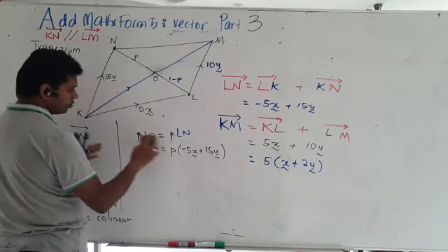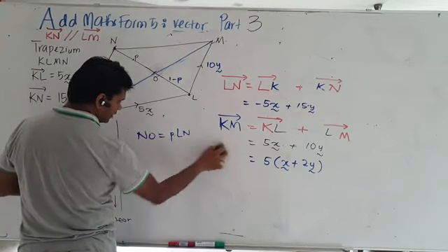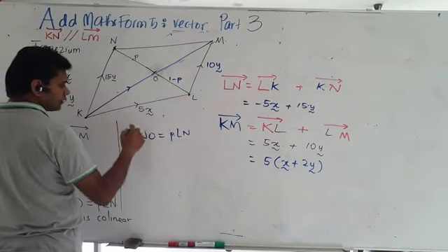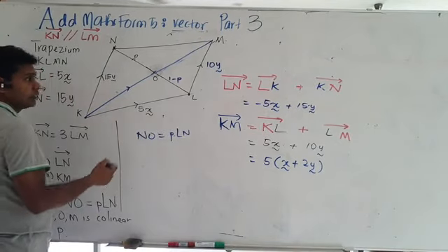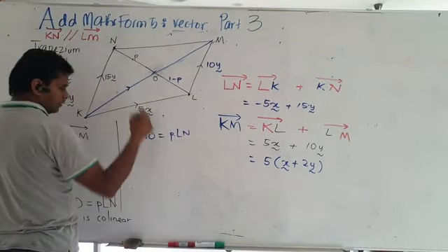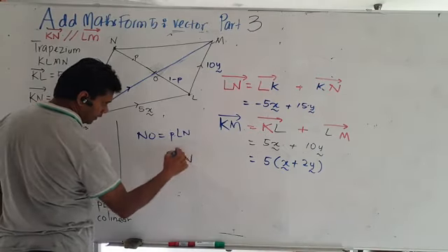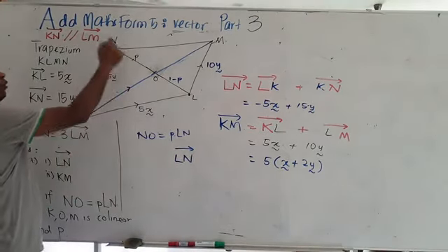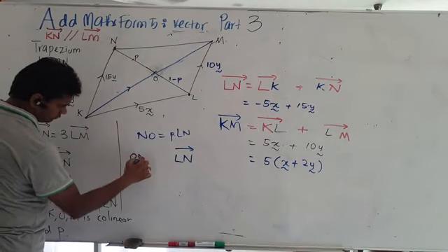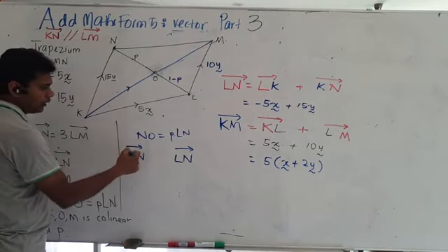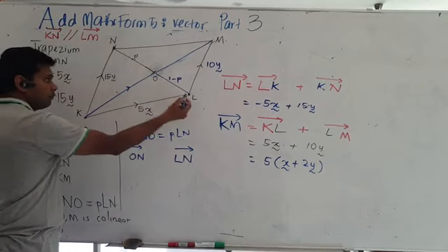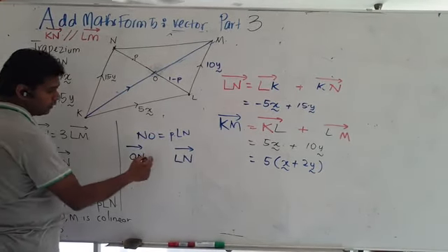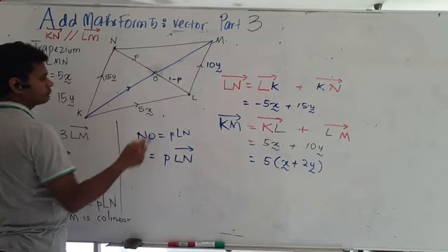So let's redo this. This is a vector. Sorry, this is not a vector, this is just a ratio. So now let's say I find Ln. I'm writing it down properly, Ln, and I want to find vector ON. See, direction must be the same. ON, Ln. This one is not a vector, this is a ratio. ON must be equal to PLN.